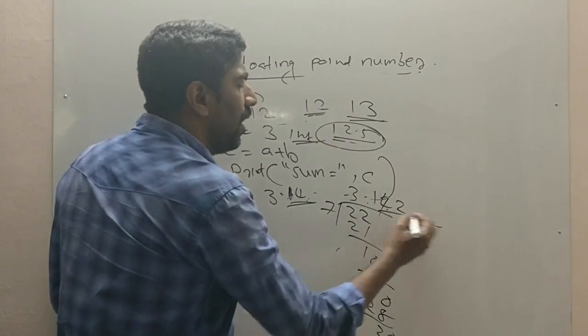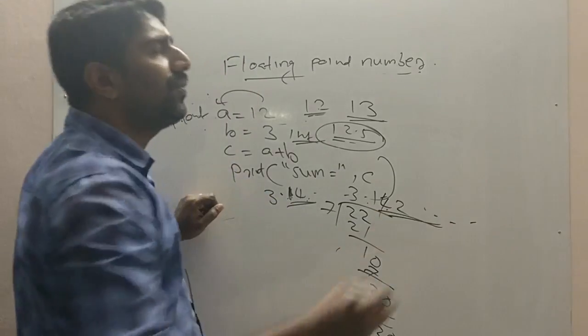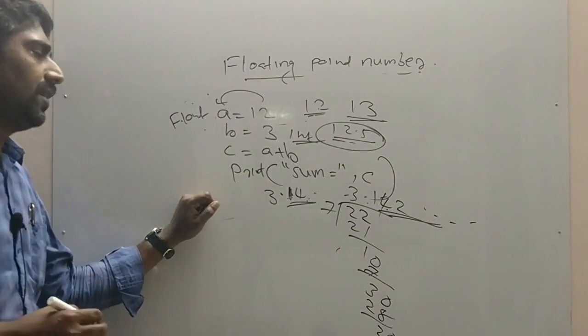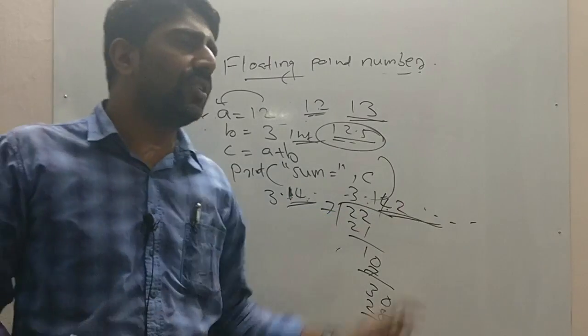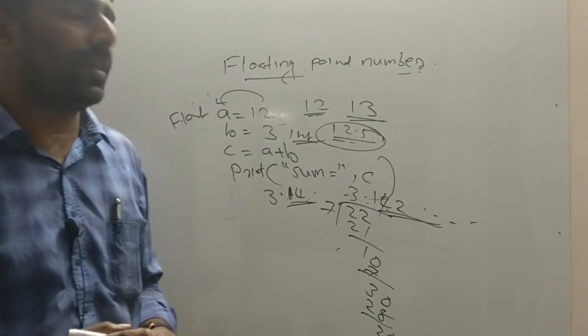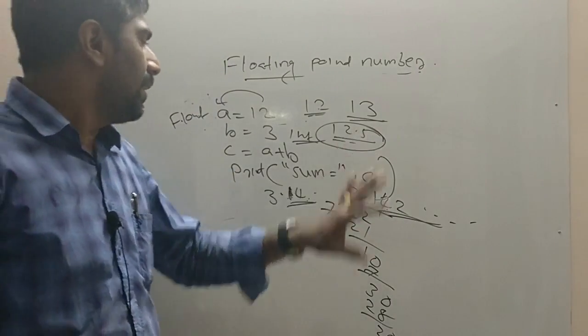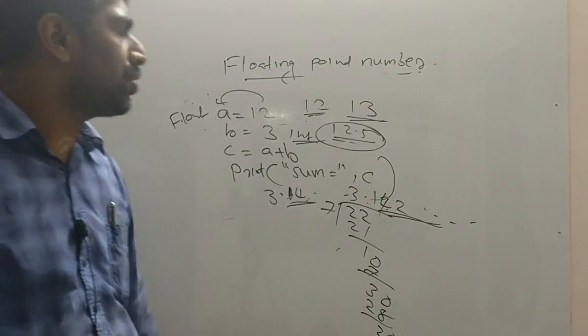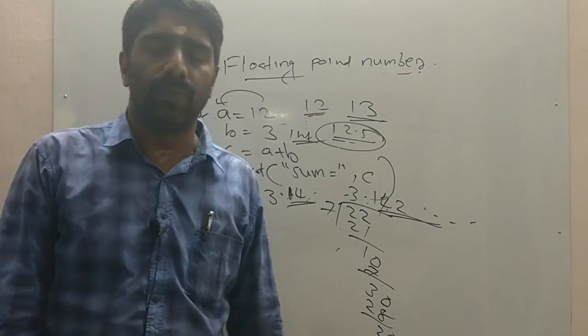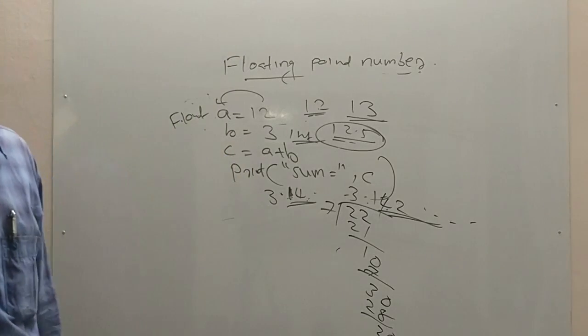After the point, how many digits will we get? 15 digits we will get. Clear? That is another advantage of floating point values. These are the advantages of floating point values.